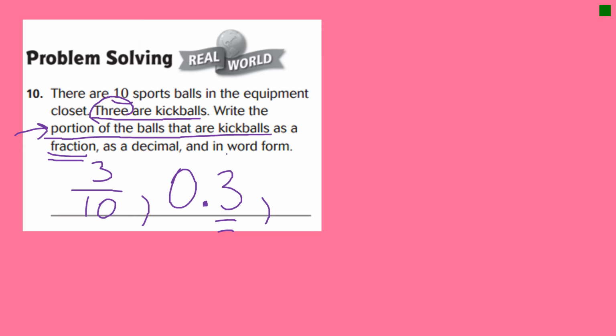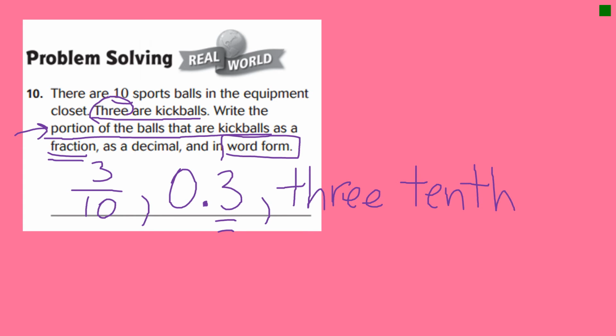And in word form, well, that's interesting. So we just write 3 and then tenths. Okay, be sure you put that TH in there because that's not 3/10, it's 3 tenths. That's what shows us that it is less than a whole. All right, let's keep going.